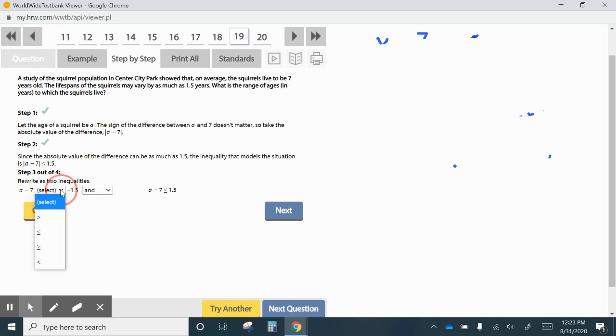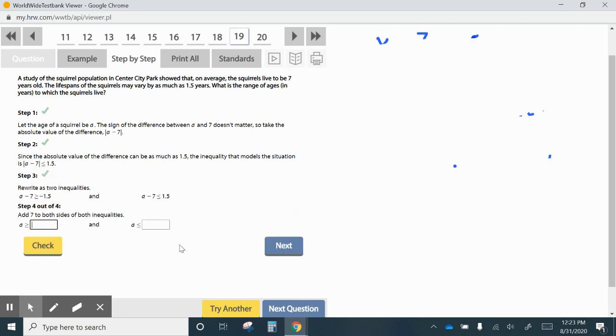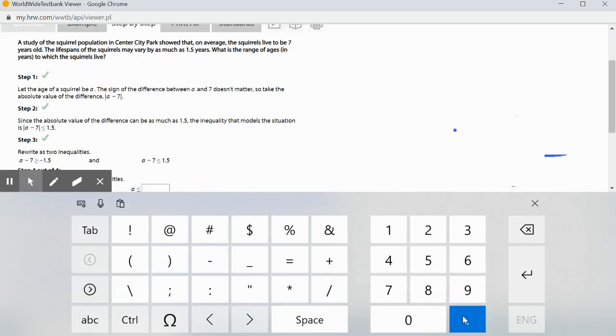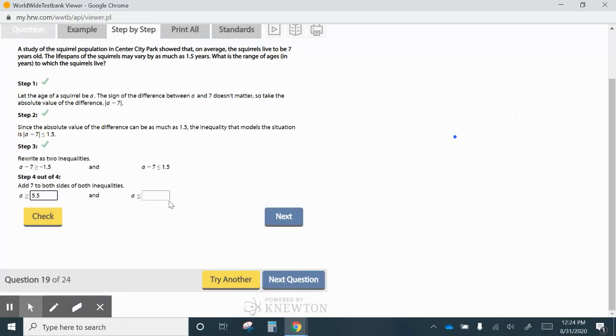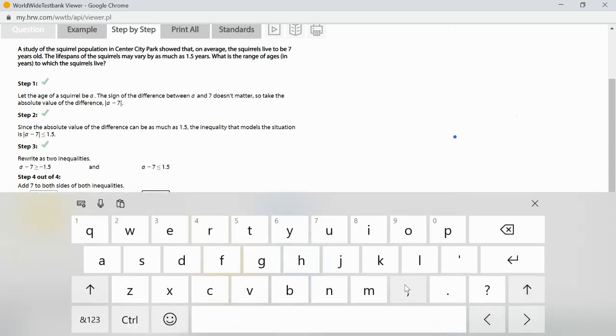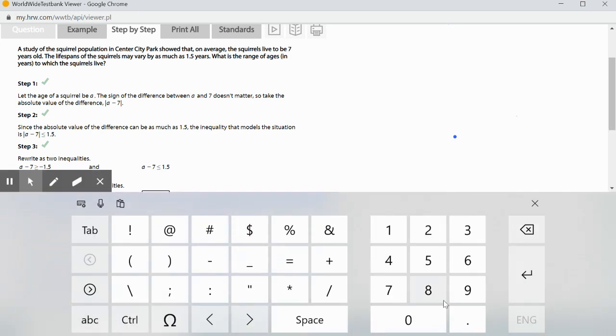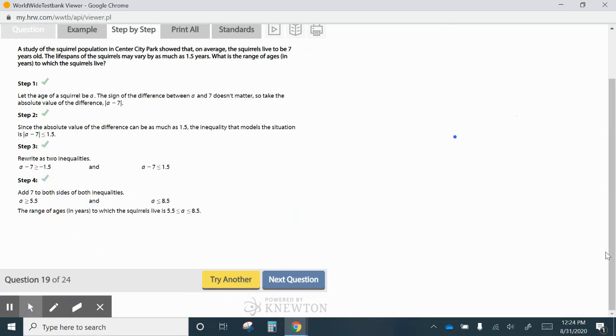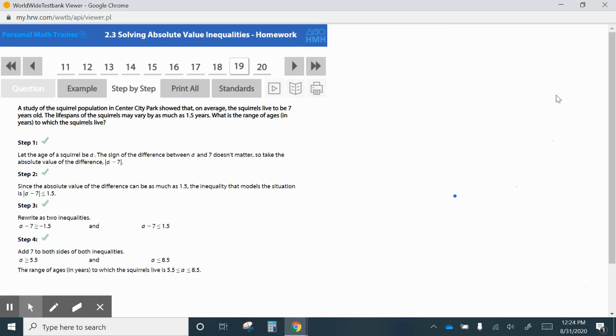Now A minus 7 is greater than or equal to negative 1.5. Add 7 to both sides of both inequalities. So negative 1.5 plus 7 is 5.5. And 1.5 plus 7 is 8.5. All right. Now let's look at the next question.